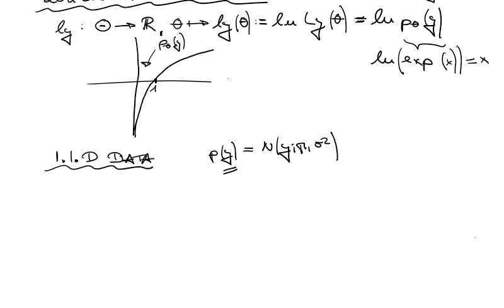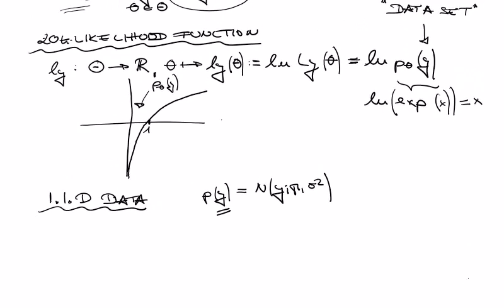Now, some people confuse the likelihood function with the probability density for a single data point. But this is not what maximum likelihood estimation wants. It wants to think about the probability of the entire data set. And this is clear for IID data.